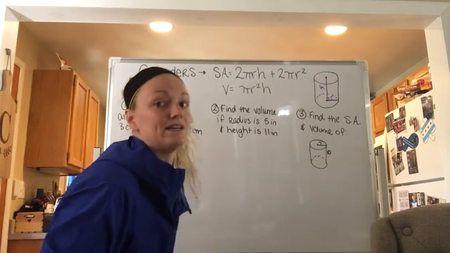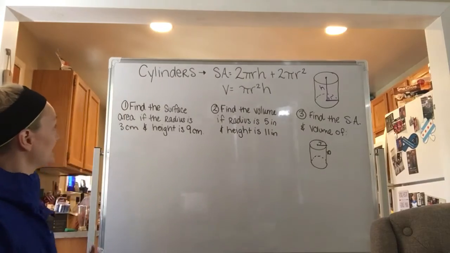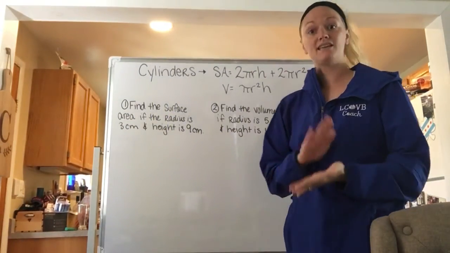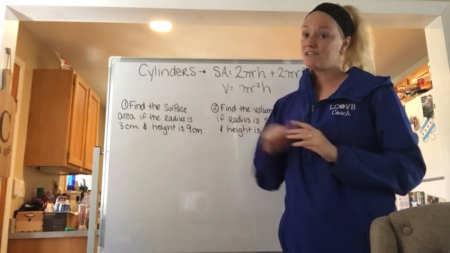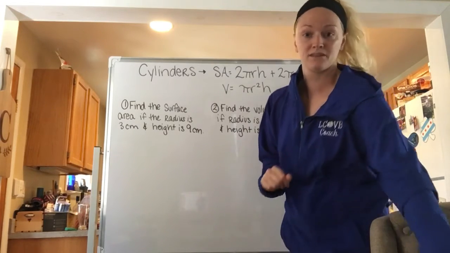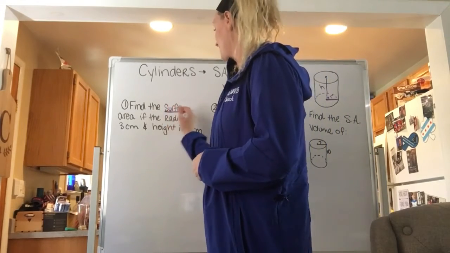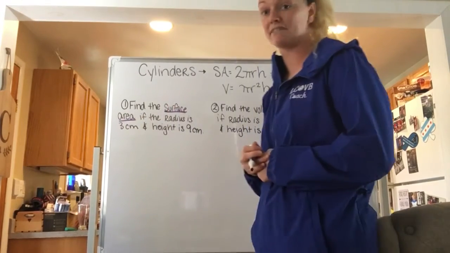So the first one, it says, find the surface area if the radius is 3 centimeters and our height is 9 centimeters. They give me all the information. I just have to plug it into my formula. Okay, so if I'm going to do that, I'm going to take my SA formula because this is surface area.